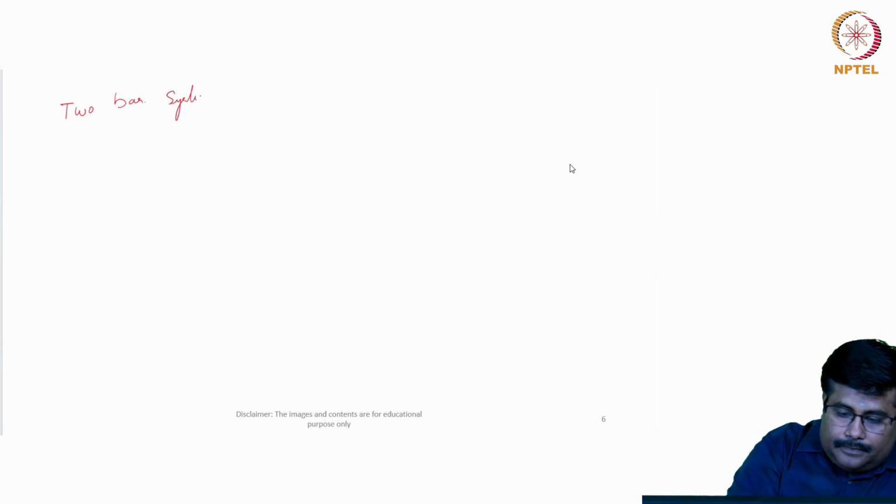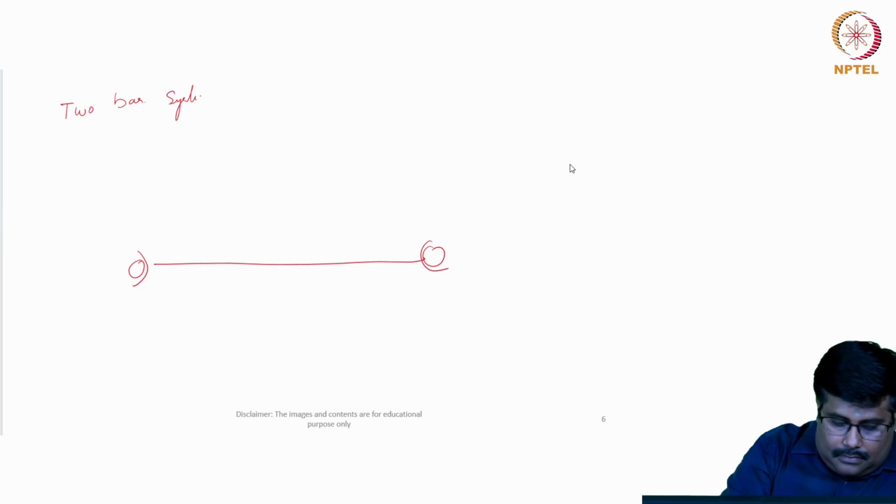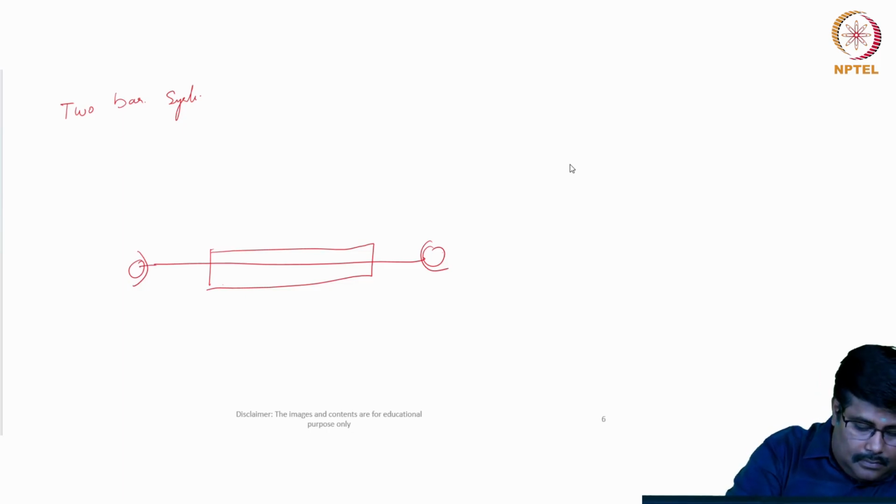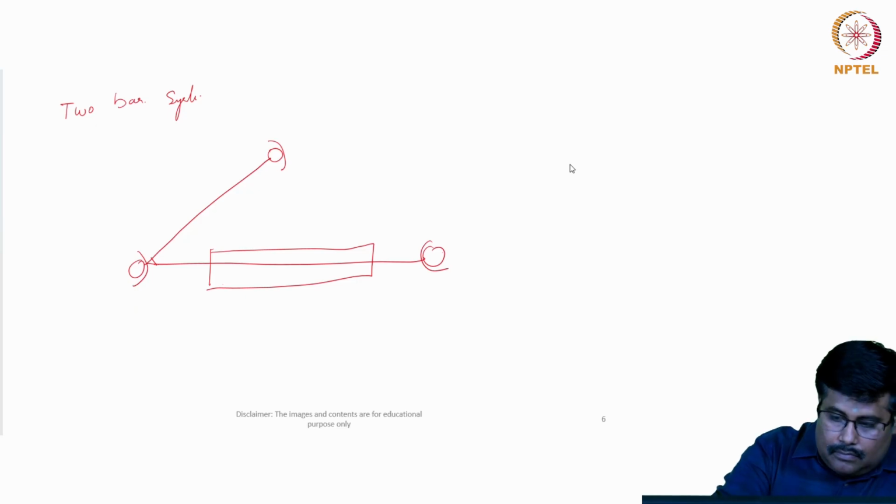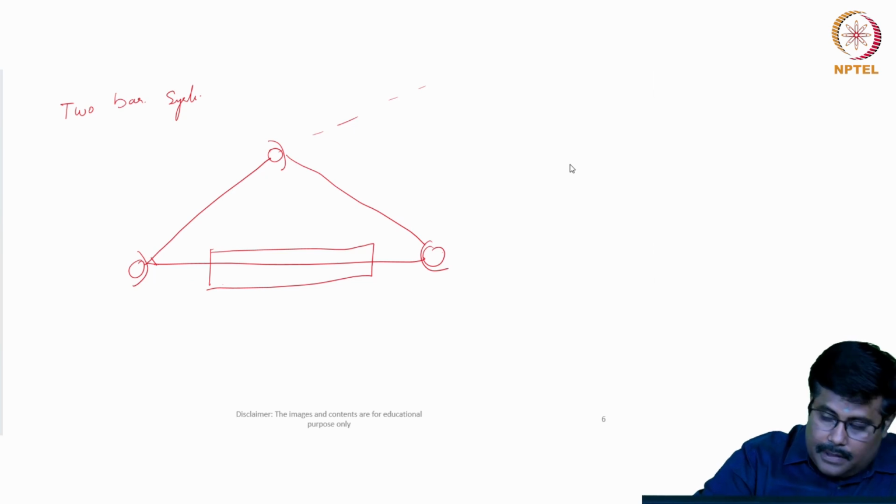So in this two-bar system, this is connected something like this, and the overall theta is governed with this mechanism, and this is the actuator.